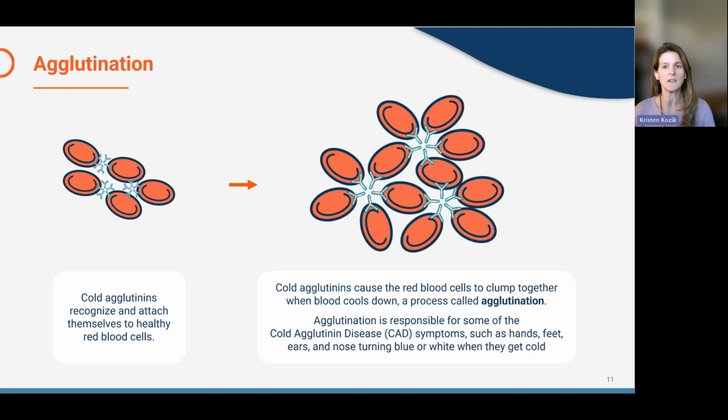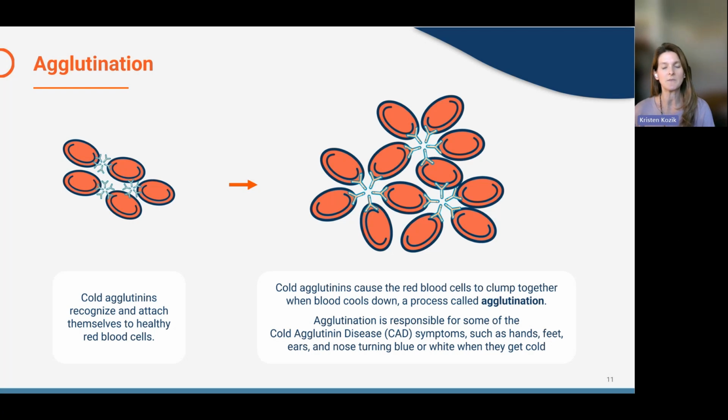The cold agglutinin antibodies mistake healthy red blood cells as a threat and bind to them. We just talked about that. This is the beginning of the agglutination process in which cells and antibodies cause the red blood cells to clump together. Now, one thing to note is that agglutination occurs at cooler temperatures, often in your extremities, where the temperature of the environment is lower than your core body temperature of approximately 98.6 degrees Fahrenheit.